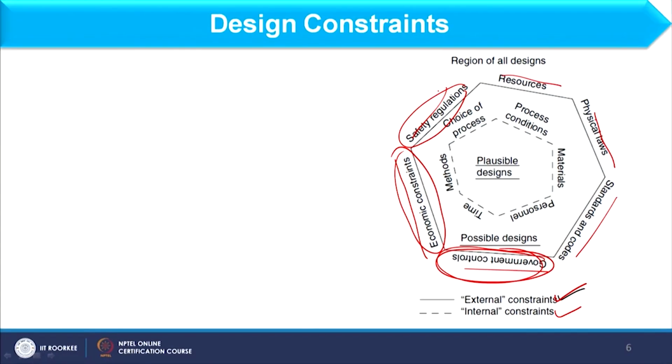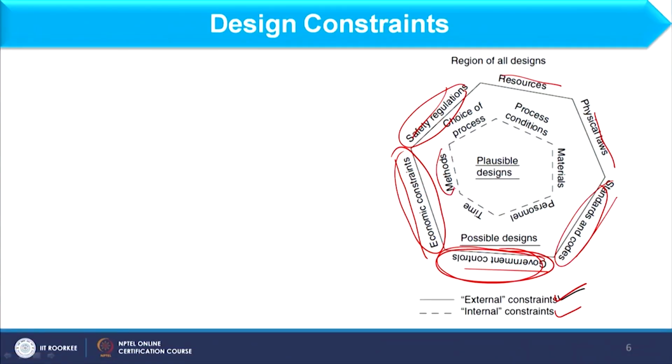Safety regulation, he has to follow, he cannot do anything. And standards and codes: when he is designing, he has to follow some guidelines. Let us say if we are going to design a pressure vessel, we have to follow the Indian standard code, that is IS 2825 1969.